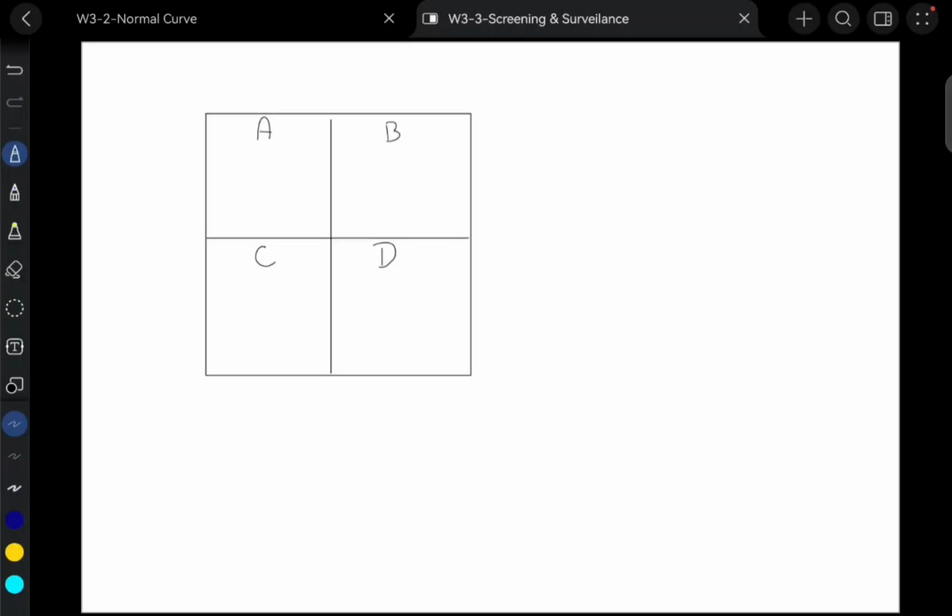Now I know that we're talking about diseases, but to make it a little simpler and easier, I like to use an easier example: pregnancy, and its test over here.